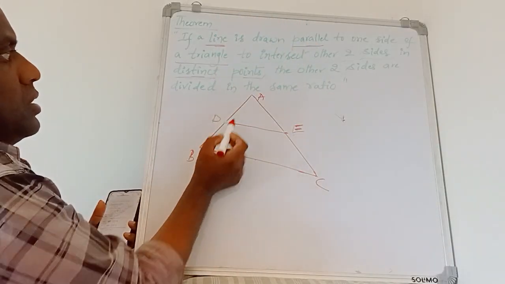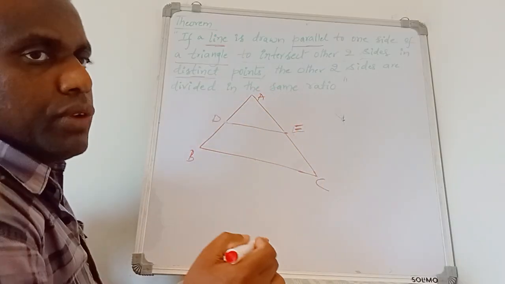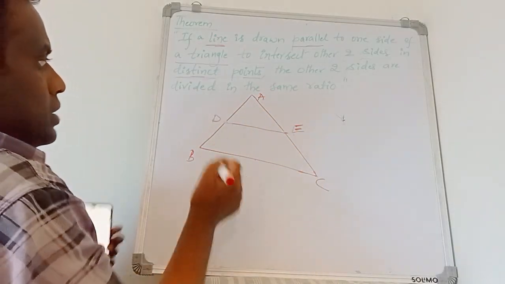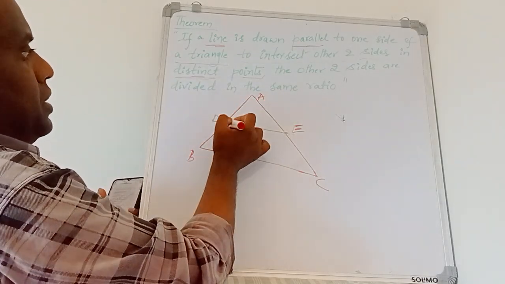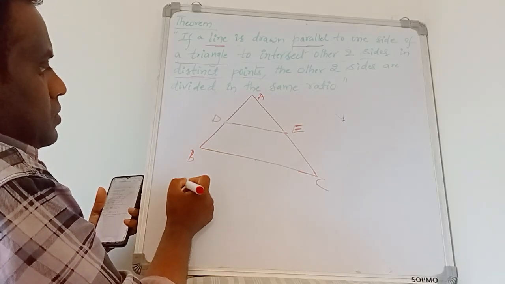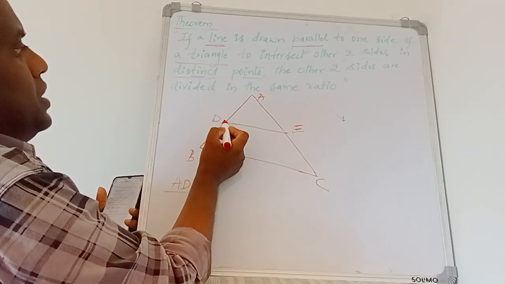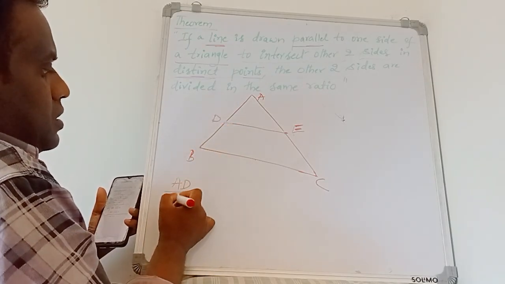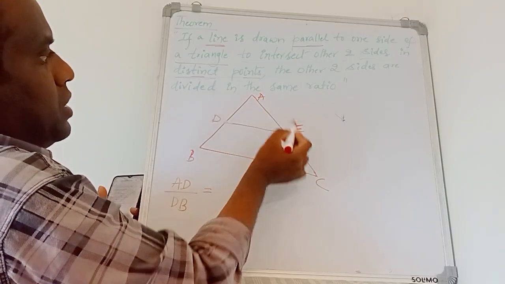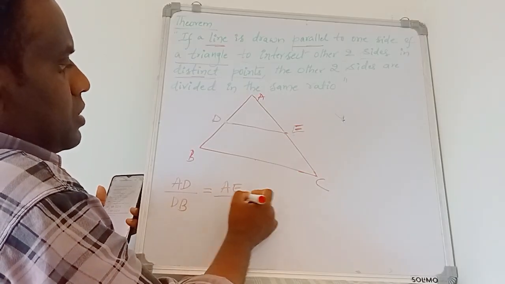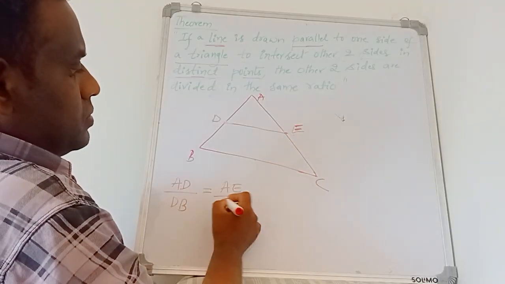That means the side AB and side AC will be divided in the same ratio. That is, AD by DB is equal to AE by EC.